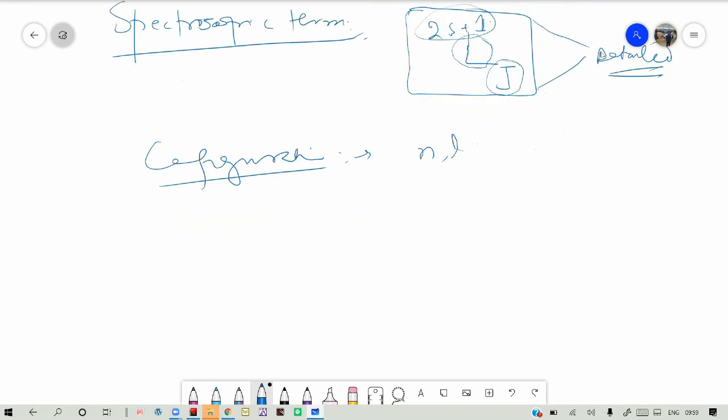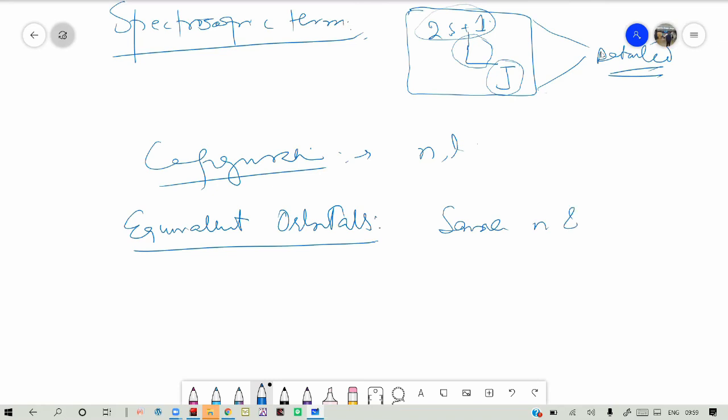Then there is a definition called equivalent orbitals. Those orbitals having the same N and L are called equivalent orbitals. And the electrons which are present in these same N and L are called equivalent electrons.